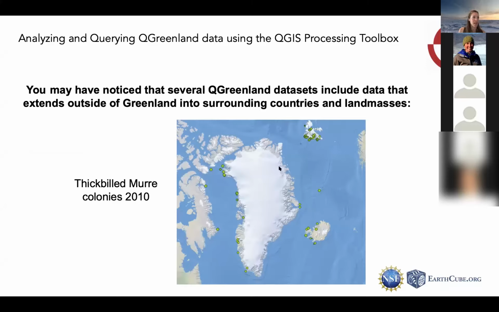In addition to having data about colonies in Greenland, there are also data sets in Canada, Iceland, and Svalbard. It might be the case that you really just care about the data that's within Greenland. After all, this is called QGreenland. And so you might actually want to get rid of, or just extract, isolate the data sets that are in Greenland. So I'm going to show you one way that you can do that.